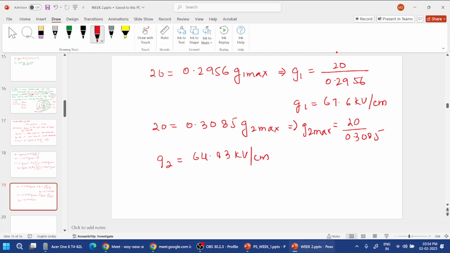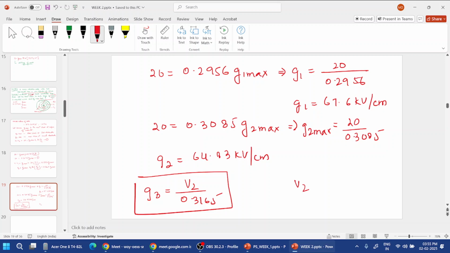Then we have G3. For G3, we have to calculate V2 divided by 0.3165, but we have to calculate V2 first.